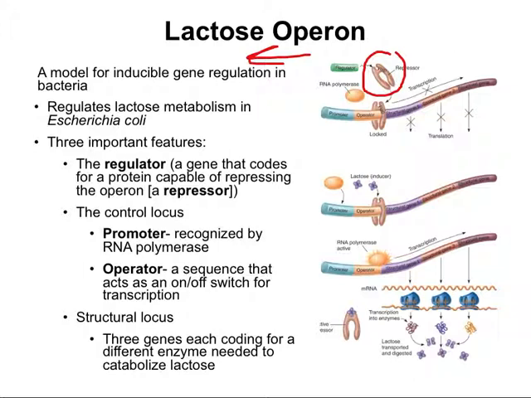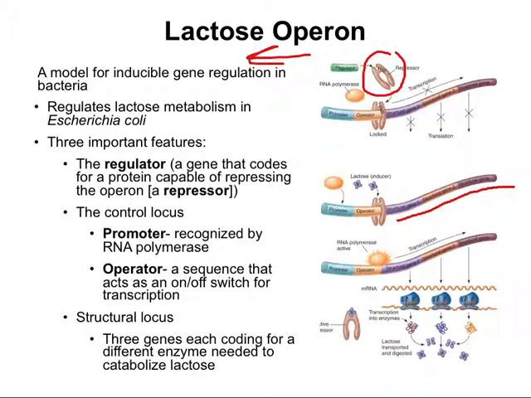That is the regulatory gene, and it's not shown here in this picture. Then there's going to be a control locus on the operon, as well as a structural locus. The control locus is involved in controlling the expression of the gene, whereas the structural locus contains the three genes that are expressed when this operon is activated.